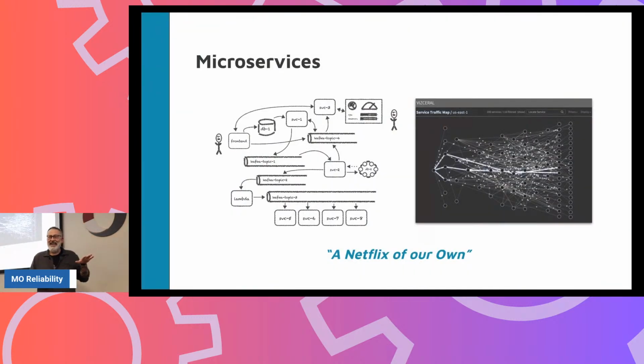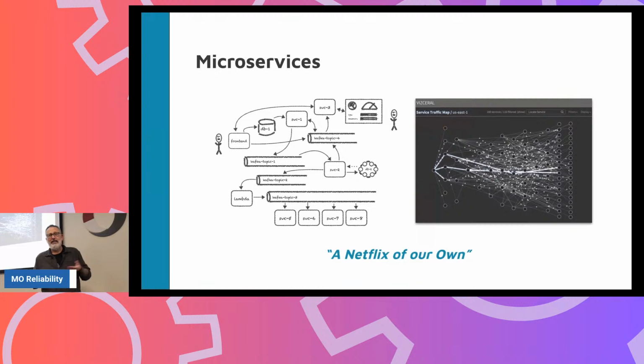So then, here's another one that might look familiar to you. Then we started doing microservices, which was exploding it even more, right? We were creating the Netflix of our own, and of course, the image on the right there is some activity from a Netflix service.